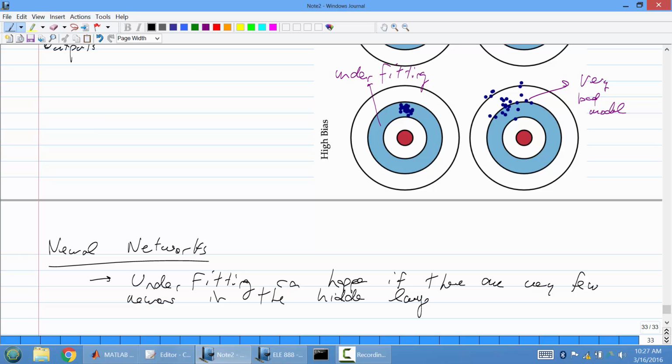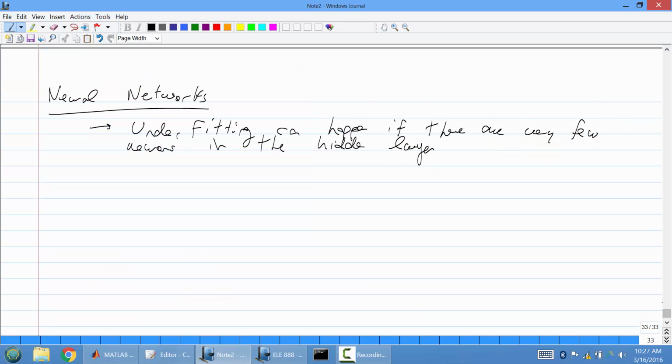You don't have enough neurons to capture the variability of the data that you're seeing. So, not enough neurons to model behavior.